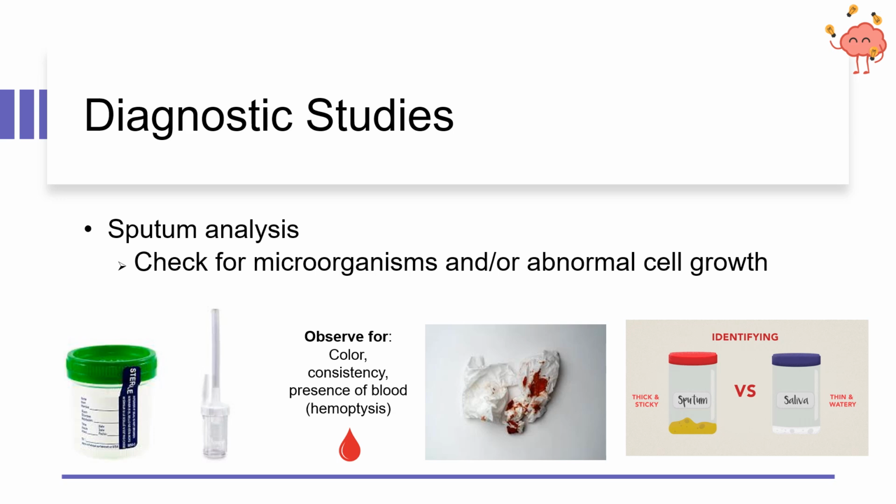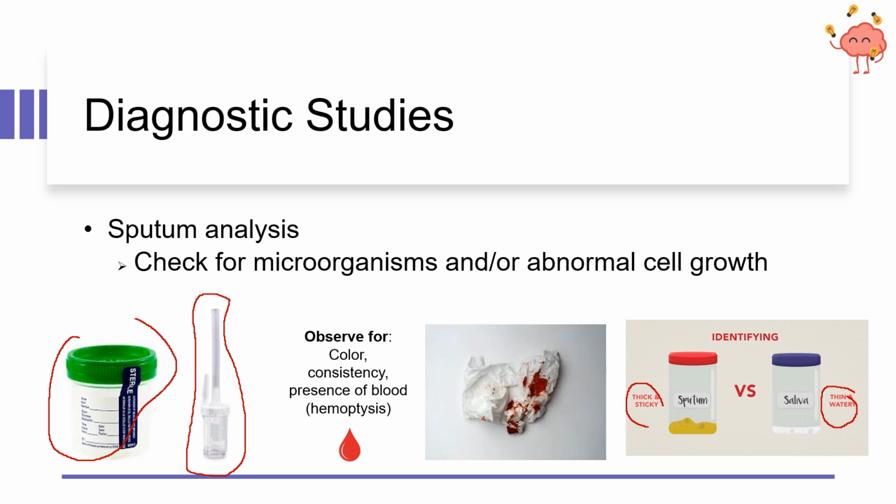So you want a sterile cup here that they can either spit into, or this one where we can use for suction. Just remember, sputum is thick and sticky. It is not thin and watery. So we don't want saliva, we want sputum. And if the patient can produce that first thing in the morning, that would be best.